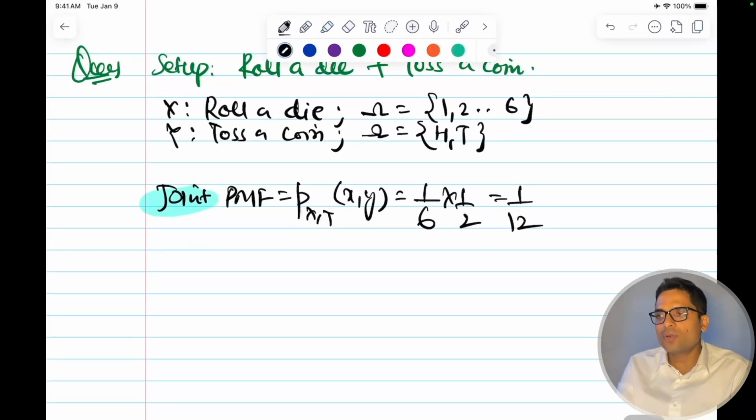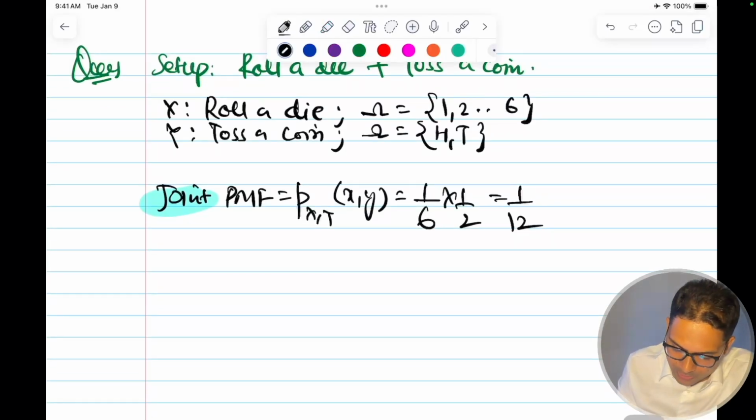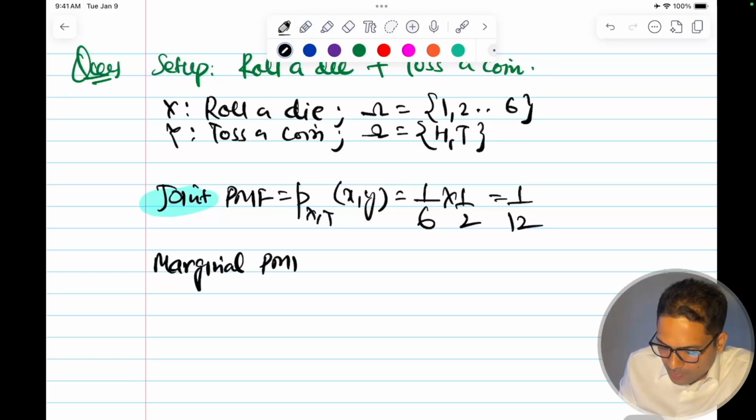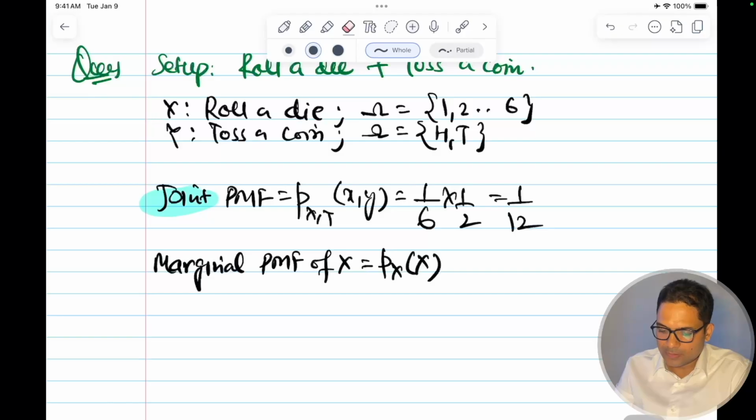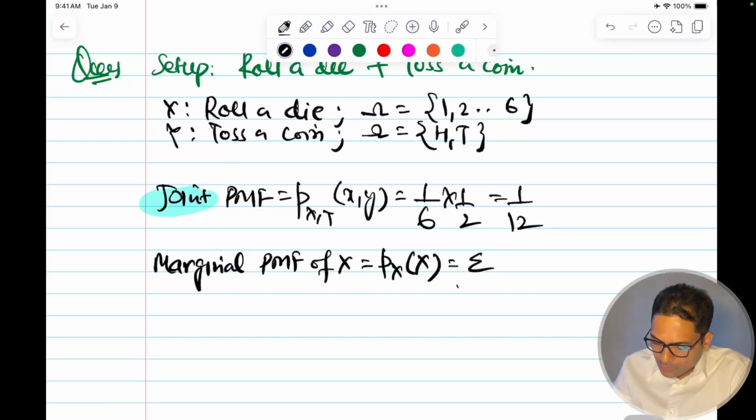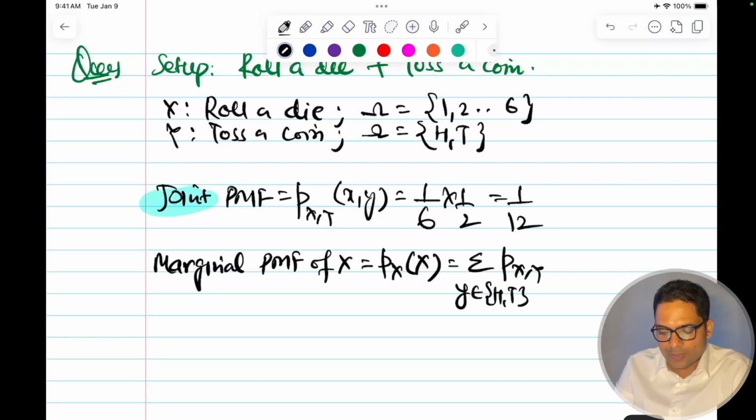Now if I want to find the marginal PMF of x from this, one more simple example. The marginal PMF of x, Px of x, the probability of x, is equal to the summation over y belongs to head comma tail, that is two values, of the probability of x comma y.